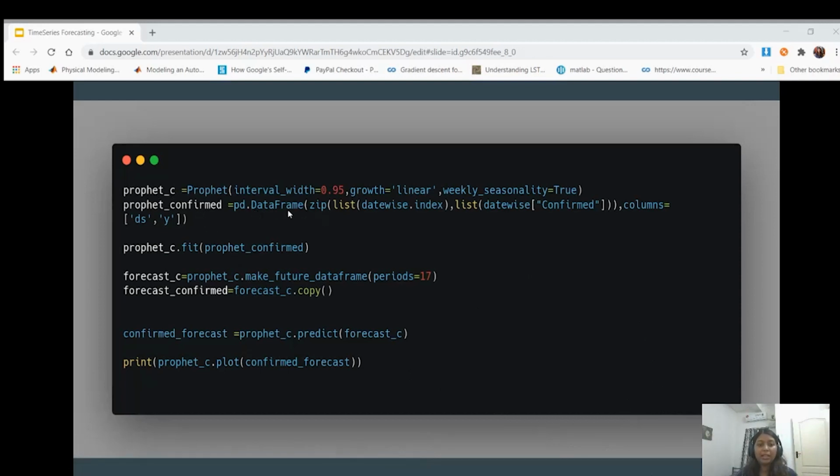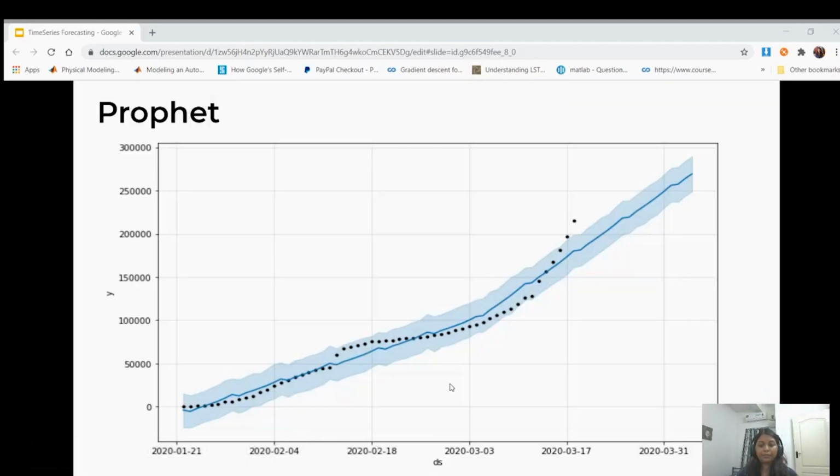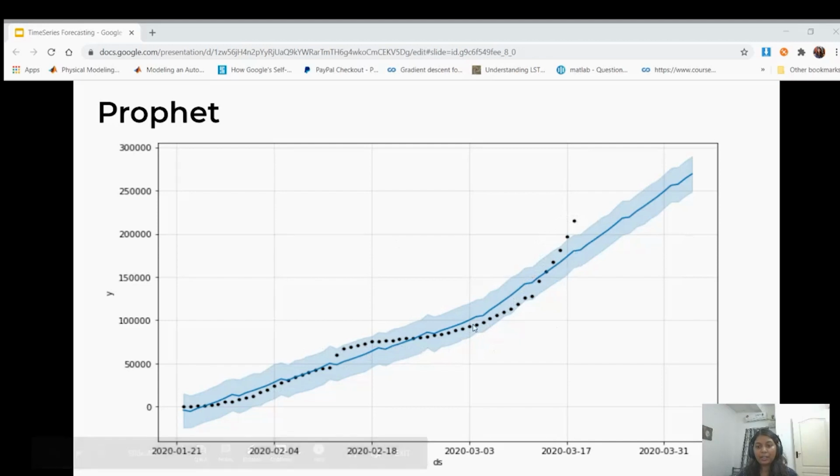You can make the data frame and zip it date wise with the confirmed cases, and then you can take the date wise confirmed cases and your numbers, and then you can fit the Prophet, and then you can forecast. So it looks something like this. You can see it's quite close, and the black dots are Prophet predictions and the blue ones are the real ones.